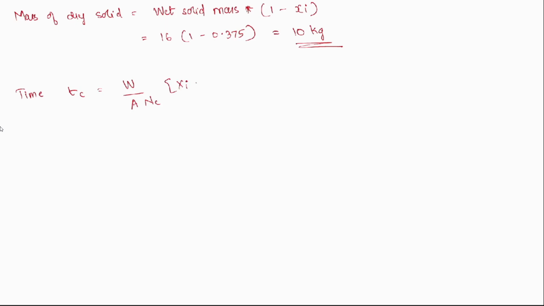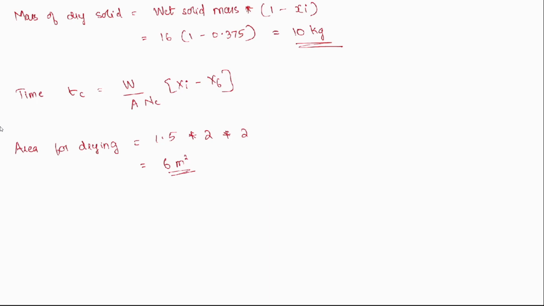Then we just go back to our formula and substitute these values. So now we got W as 10 kg. Now we just need to find the area for drying. As previously mentioned, the area for drying is the top and bottom part of the fiber sheet. They have given the dimensions, the length as 1.5 and the breadth as 2.